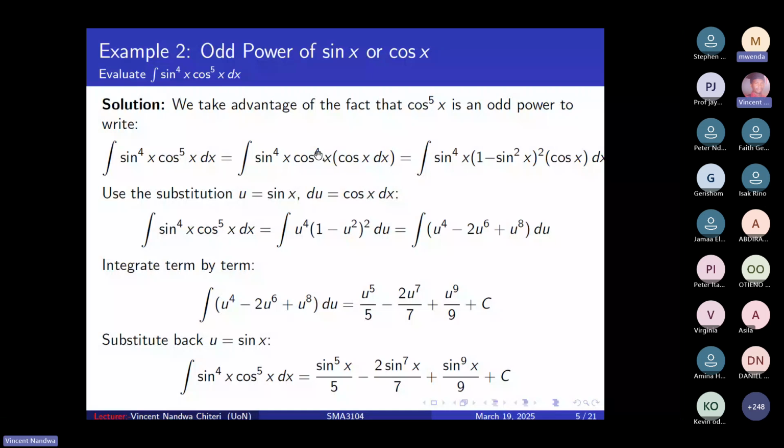In place of cos squared, you replace by 1 minus sine squared, and then there's a power 2 because we had 4 here. Then you multiply by cos x dx. I hope that line makes sense now.